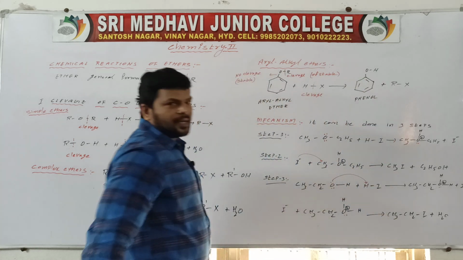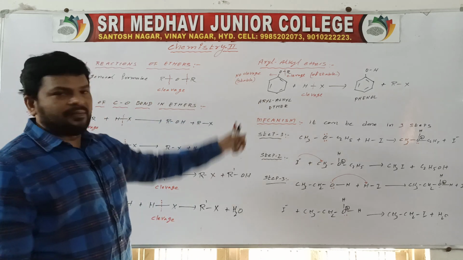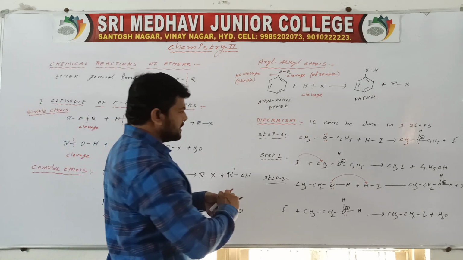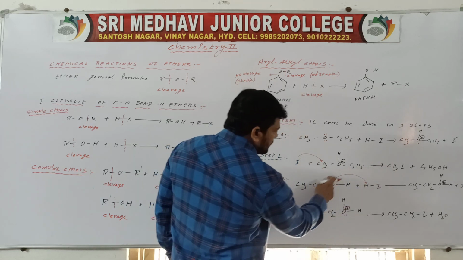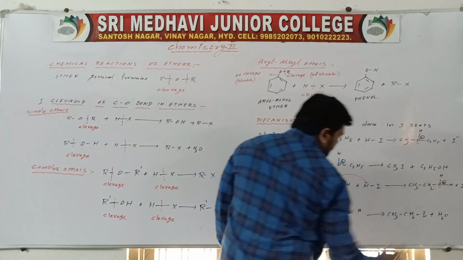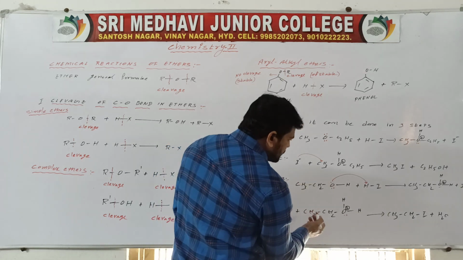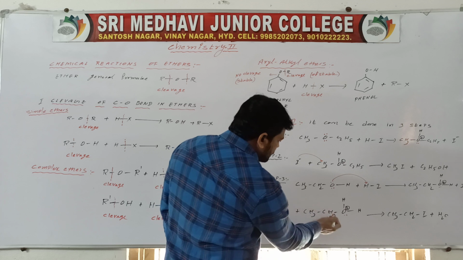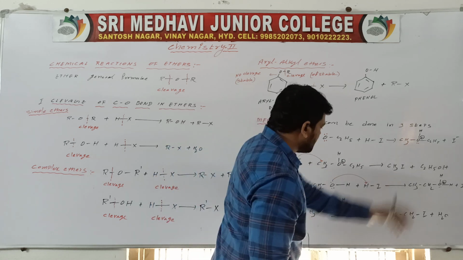So this is the mechanism of alkyl C-O bond cleavage. See here, CH3I is attached, then donated to this, and it is from the protonated alcohol. And then the I minus is attached to this, and then it is a cleavage.